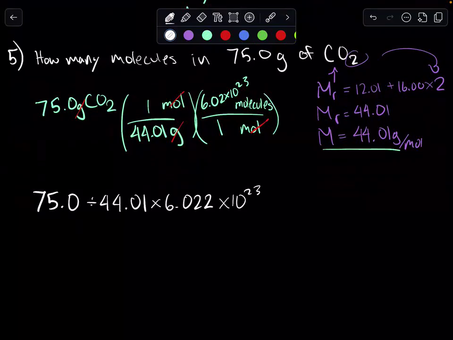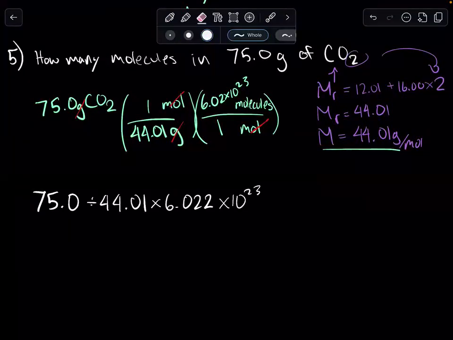The best part about this is because this 10 to the 23rd is part of scientific notation, I can actually just bring it to the end, and that'll be part of my answer.